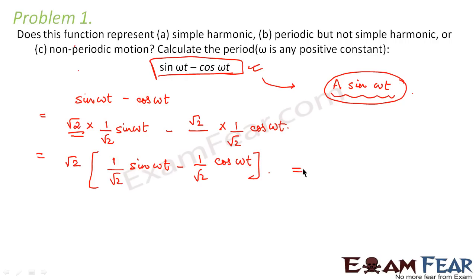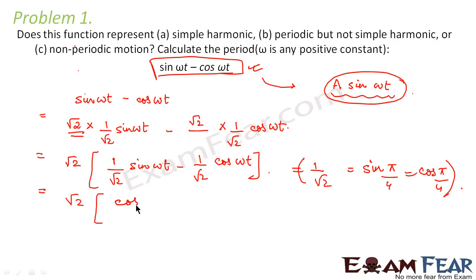What is 1 by root 2? 1 by root 2 can be written as sine pi by 4 as well as cos pi by 4. Both of them have the same values. That is why I multiplied and divided by root 2, because this is a value for which both sine and cos thetas will be the same.